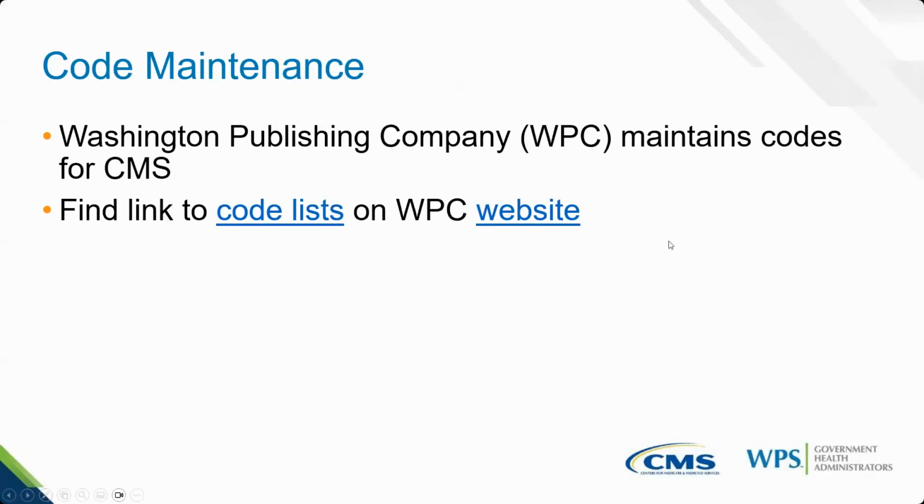You can find code lists on the Washington Publishing Company's website. This is the company that maintains those codes for CMS. There are links embedded on this slide so that you can easily find that information later.